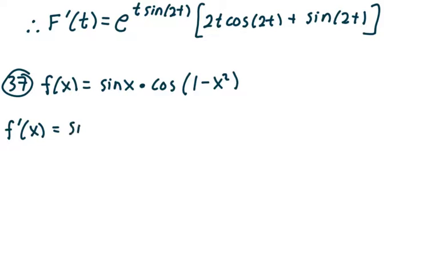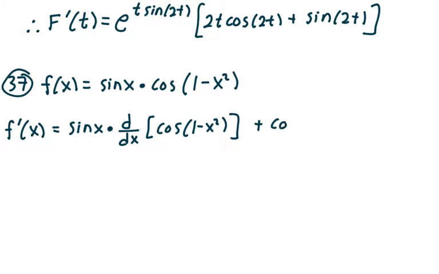So I'm going to write down the first function, and I'm going to multiply by the derivative of cosine of 1 minus x squared with respect to x. And then I'm going to add cosine of 1 minus x squared times the derivative of sine x with respect to x.